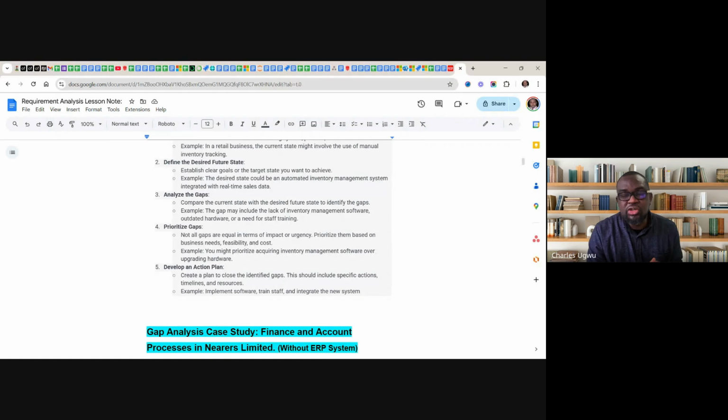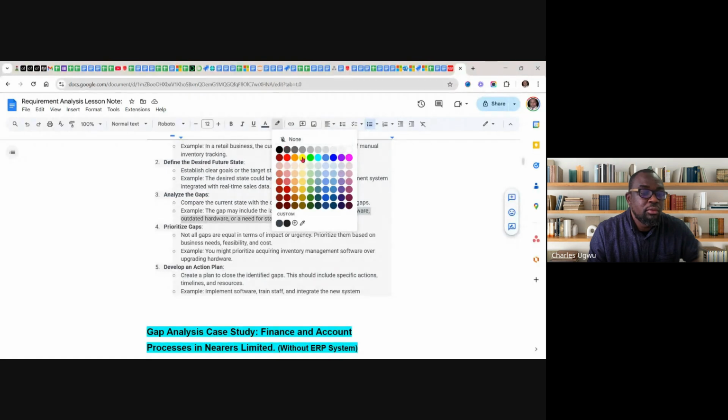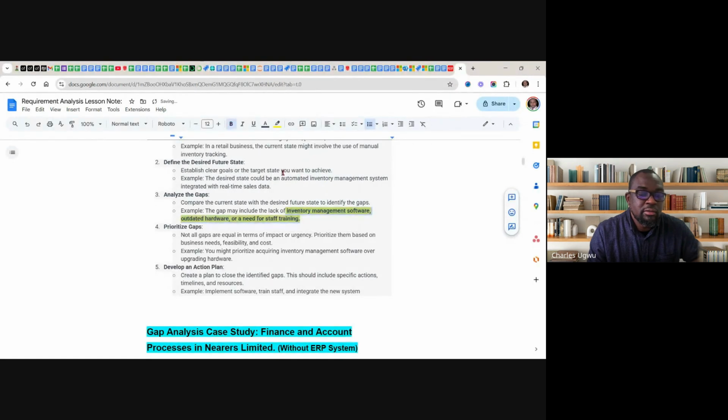After the prioritization, now you know what you need to do. By the time you do the prioritization, you know at this point these are likely projects you are going to start implementing. So here is lack of inventory software. These are 3 different likely solutions for you at this point.